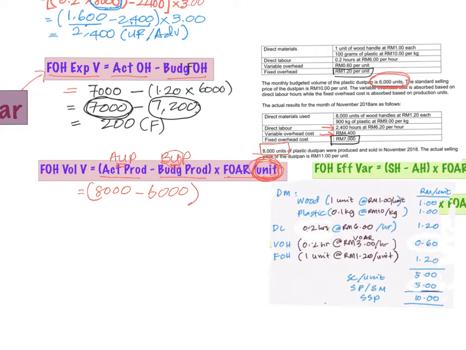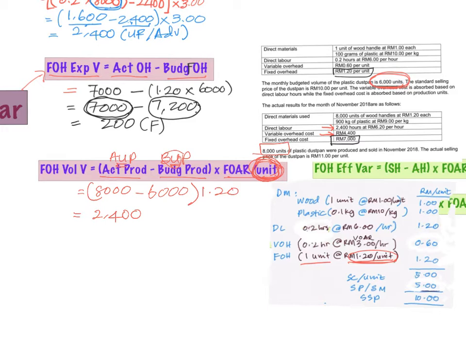For your fixed overhead cost, you have here 1 unit at 1 ringgit and 20 cent per unit. So this is what we call your FOAR. So times it here with 1 ringgit and 20 cent. So you are going to get here the amount of 2,400.